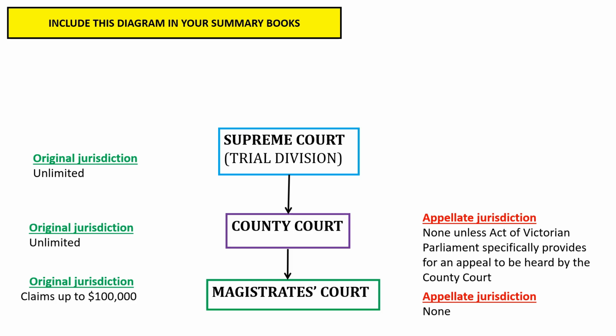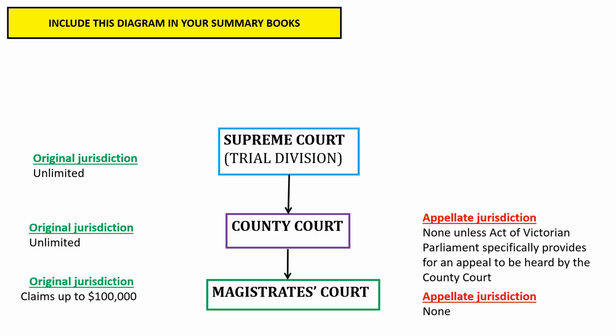This includes the jurisdiction to hear civil disputes of less than $100,000. But again, parties are unlikely to bring such a small civil dispute to the trial division because it is more expensive and more time-consuming to have civil disputes resolved in the trial division than in the Magistrates' Court.